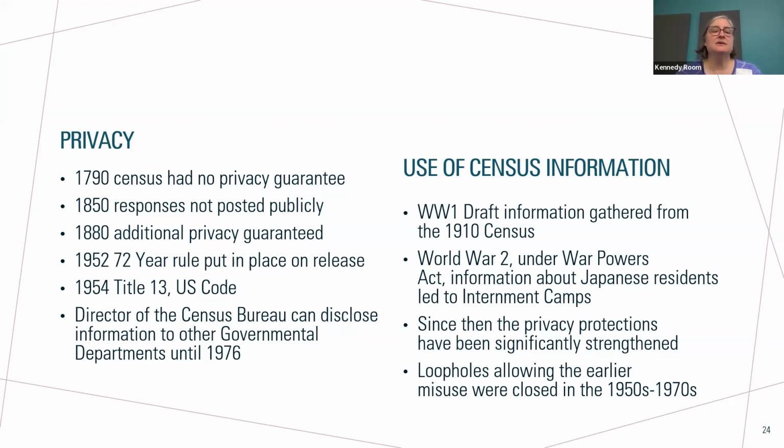In 1880, there were additional privacy guarantees that were given. 1952 was when they put the 72-year rule in place for the release of the census.